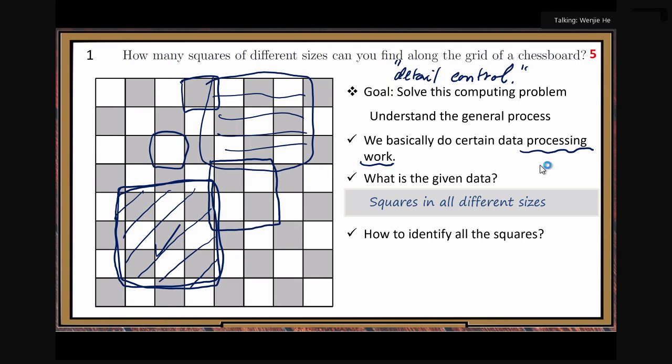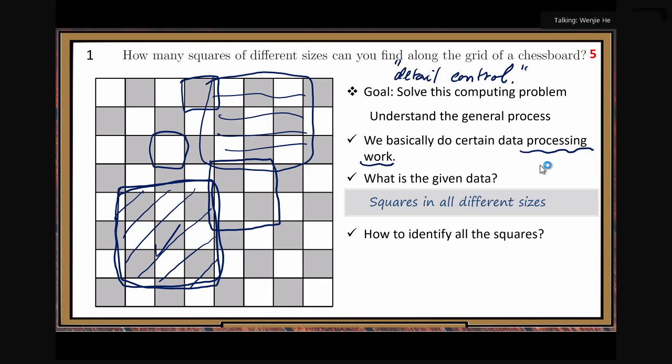So we can use A, B, C, D, 1, 2, 3, 4 to describe location details. But the issue is, how much detail do we need to use in this question?